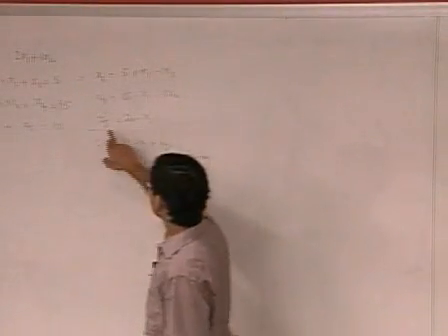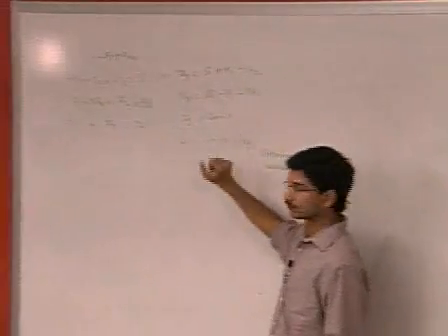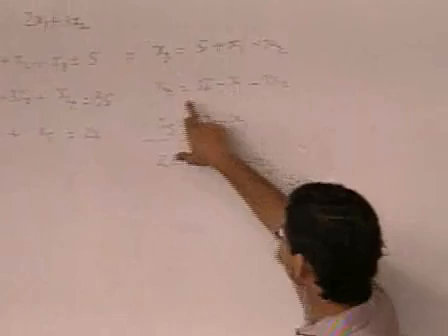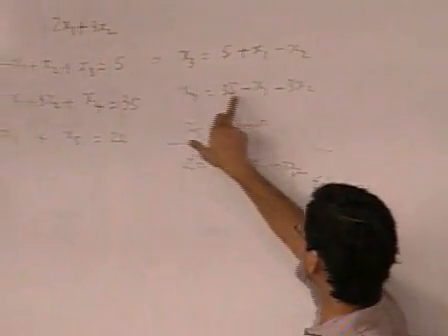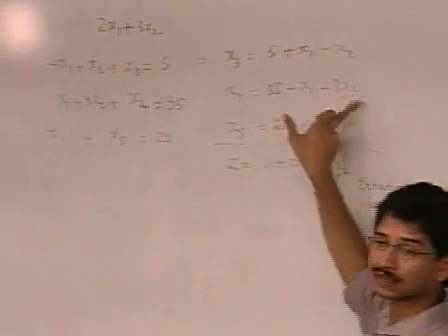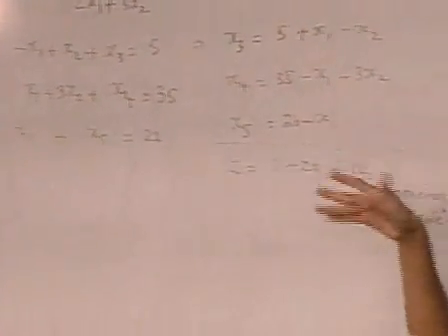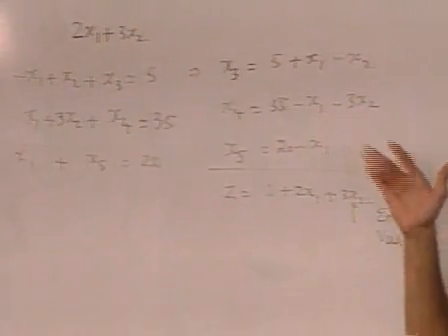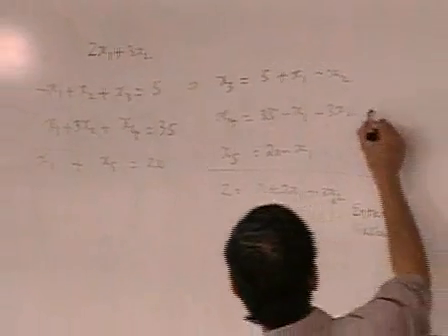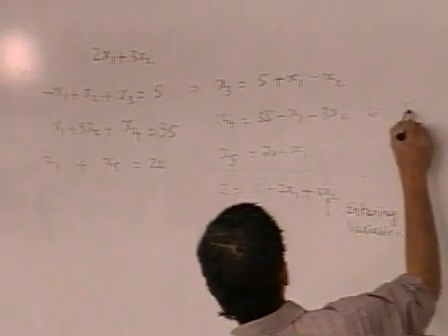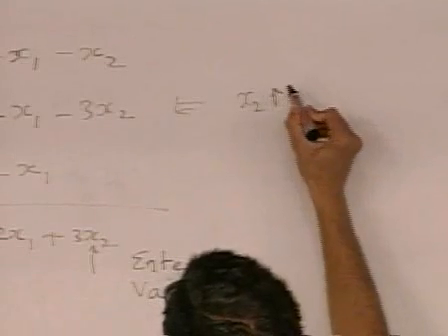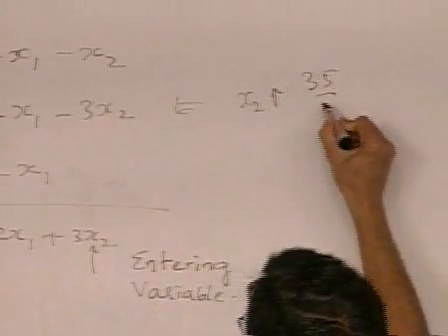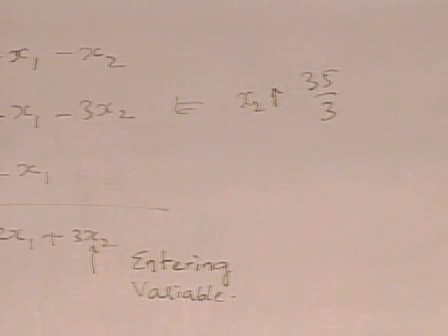Increasing x2 does not affect x5 in any way. Increasing x2 affects x4 in the sense that x4 is now going to go down by 3 for every unit increase in x2. So this equation says x2 can be increased up to 35 divided by 3.